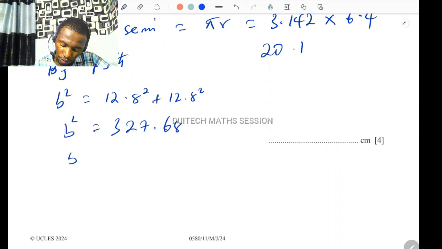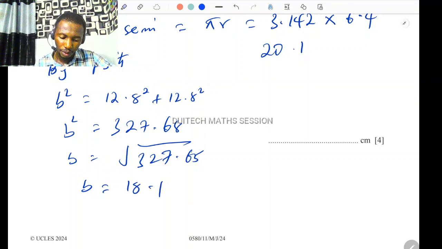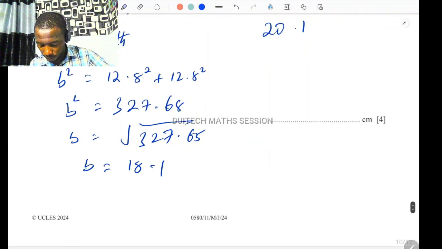So b is equal to the root of 327.68. So square root of the answer will give us b to be what? 18.1.